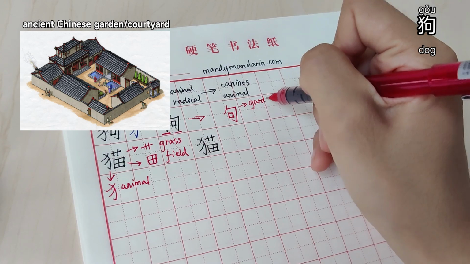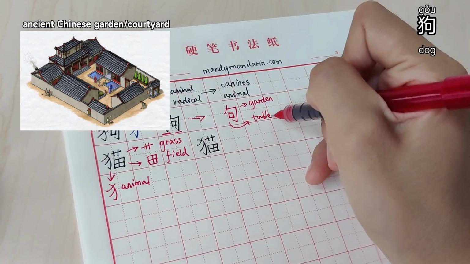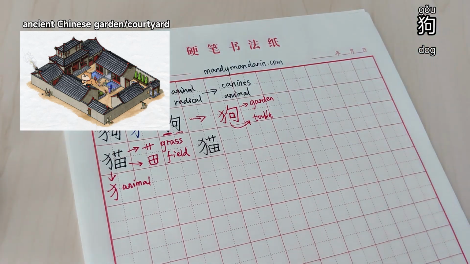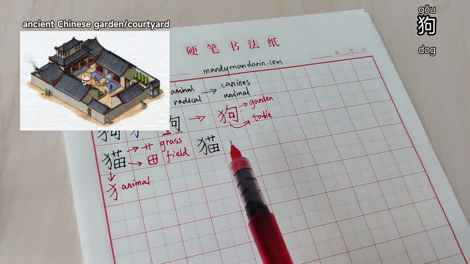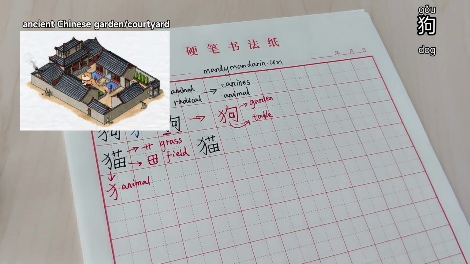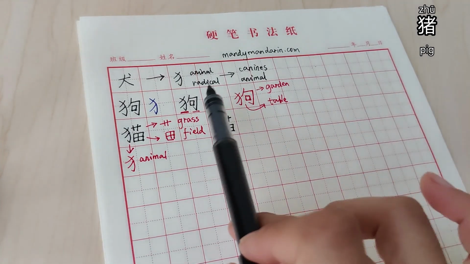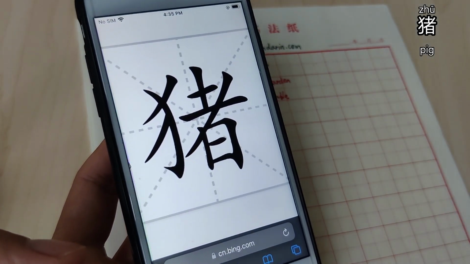Garden, and inside is a table. And there's an animal sitting by the table. So just think about it. If you have a dog, when you're eating, your dog will come to you and sit by you, right? Maybe looking for some good things to eat. This is my made up story. I hope it helps.